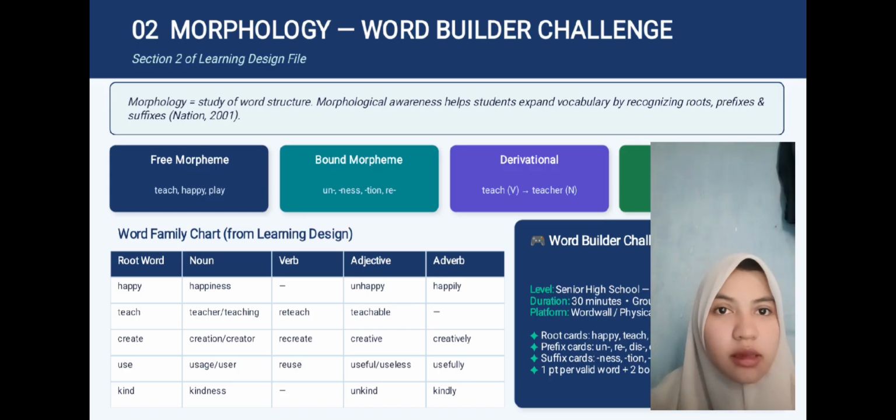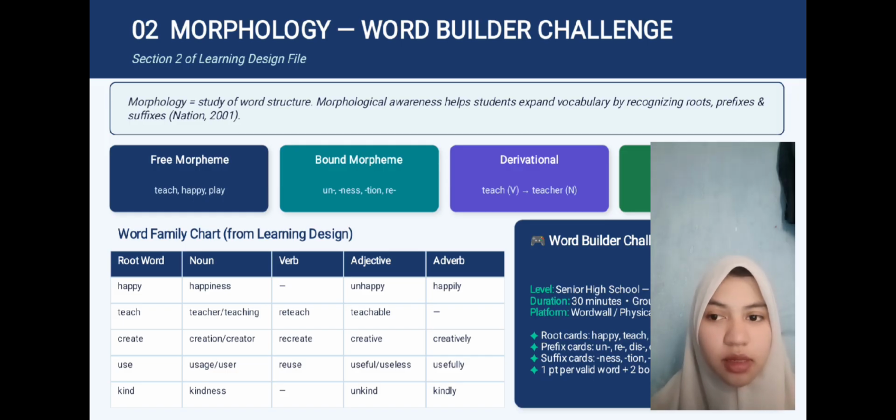And in morphology, we can give a vocabulary game design, for example, an activity named Word Builder Challenge. This is for the senior high school level. So there are game rules and procedures.